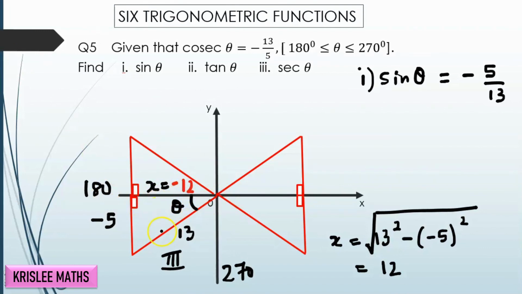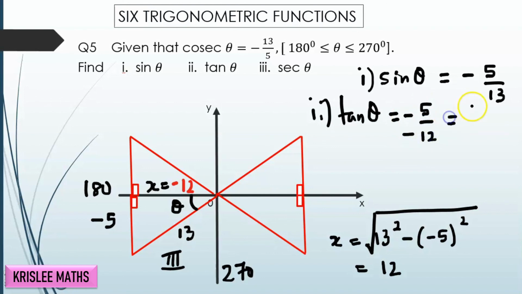Once you have all three sides, we can continue to find tangent theta. Tangent theta will be opposite over adjacent, so negative 5 over negative 12, and the answer is 5 over 12. For the third one, secant theta is the reciprocal of cos theta.